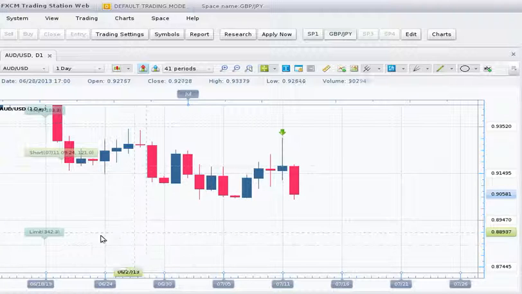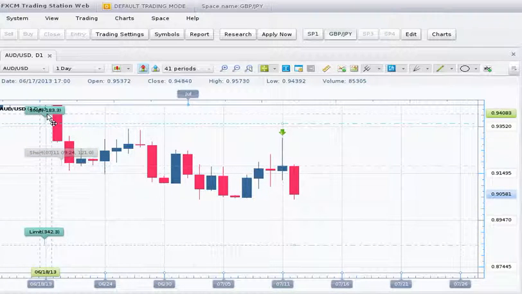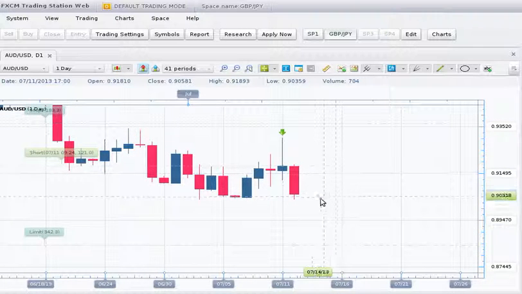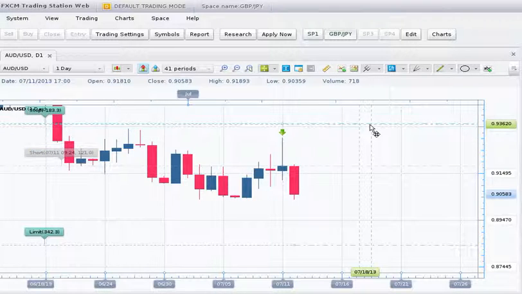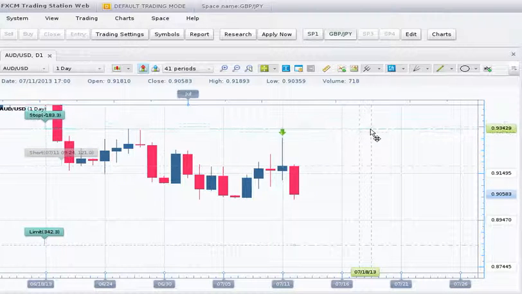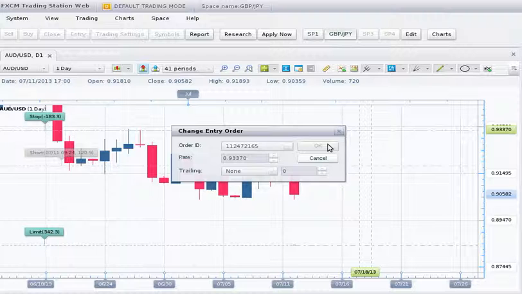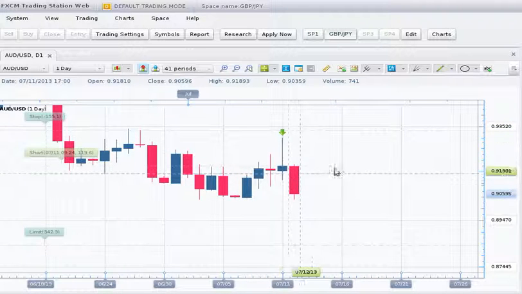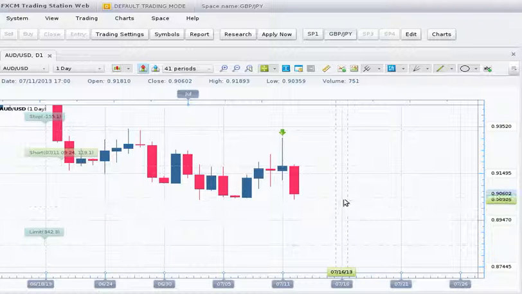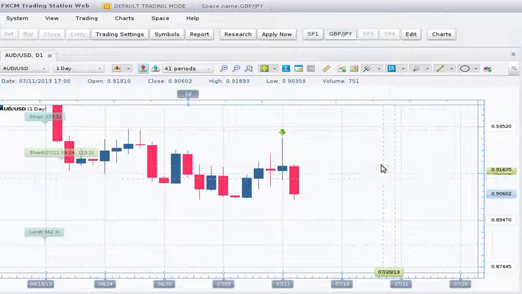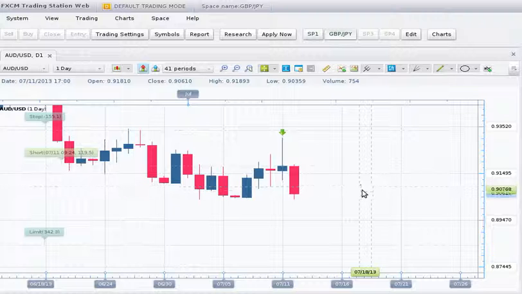I'm still getting used to this platform, but I like to see 200 pips on a trade. So I can take that and just move that down and limit some of the risk there. But we'll just see how this goes for now.